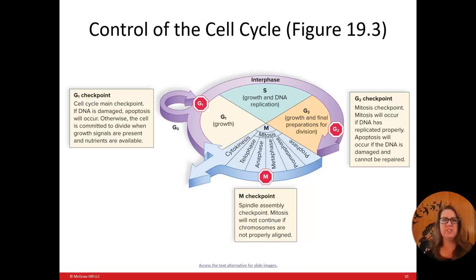Okay, cancer essentially is unregulated cell growth. It's where these checkpoints are not being reinforced. So essentially we have some cells dividing out of control. You can pause and take a look at this. This is more for information and not so much about you needing to know all the checkpoints.